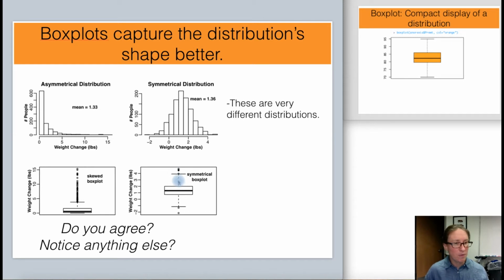And so I hope you agree that these are much more informative than the bar plots that I just showed you. And you might have a question here whether you notice something else. Main thing I want you to be noticing is look at all of the outliers that are here for this skewed box plot. So that tells you there's something really different going on with this asymmetrical distribution compared to the symmetrical one.